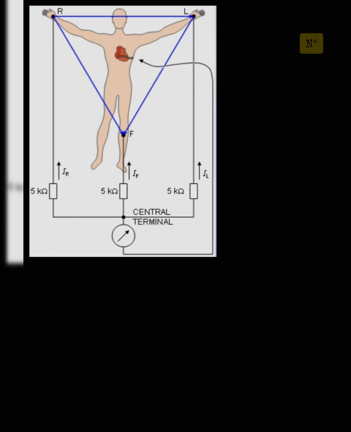So there's another thing you should know in ECG, that there's another device which is attached in the ECG machine, that is called Wilson's central terminal. Okay, so this is a modification to the Einthoven's ECG machine.